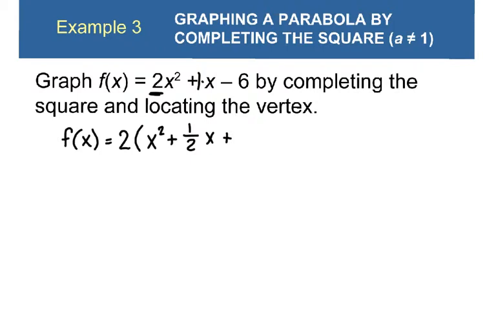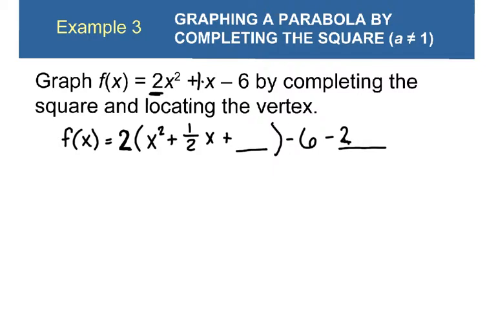Then we're going to add a number here and subtract a number over here. But whenever we are factoring out a 2, make sure the number we subtract gets multiplied by whatever number is out here. Like I said, 2. We multiply the number here by that same one.